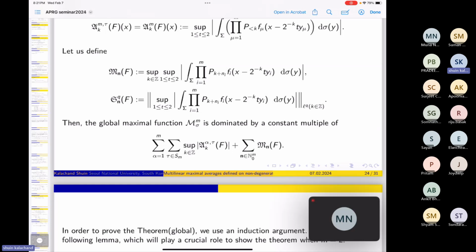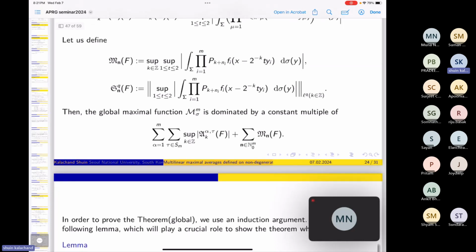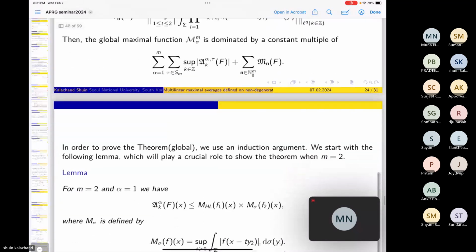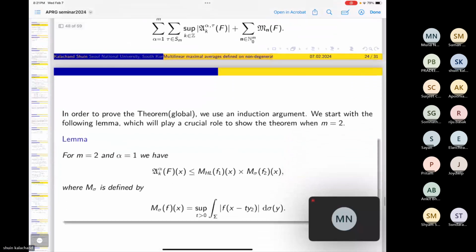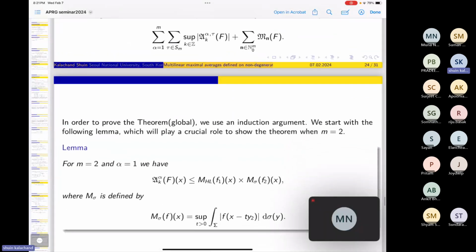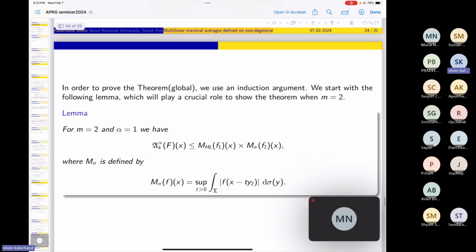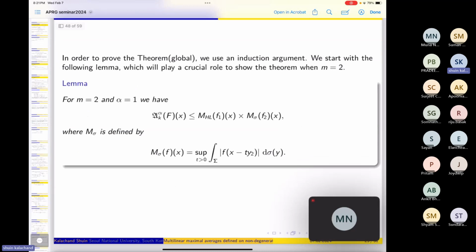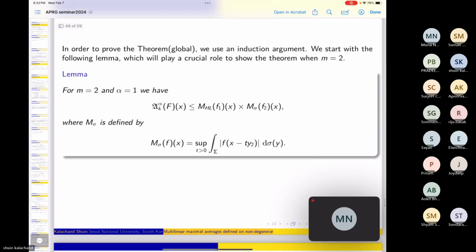And we'll prove it using an induction hypothesis. We'll use induction on the linearity m. So first we will prove it for m equals 2. For m equals 2 and alpha equal to 1, we have this lemma that A alpha k is dominated by the product of the Hardy-Littlewood maximal function and the maximal function M sigma, which is given by this definition.